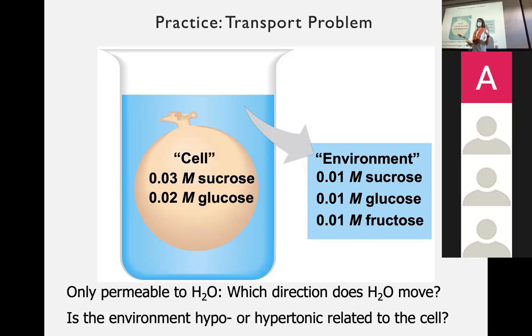It just matters how much total solute there is inside versus outside the cell. So here we have 0.05 molar, 0.05 units of solute. That's all you have to worry about. Out here, we only have 0.03, right? So water wants to move towards where there's more solute, which is into the cell. So water is going to move into the cell.